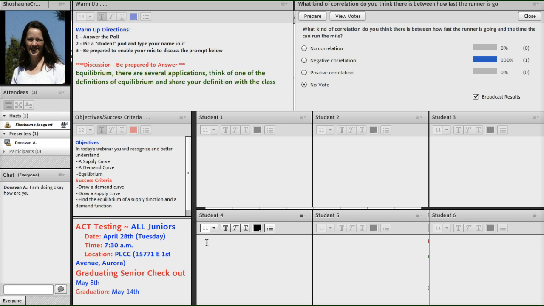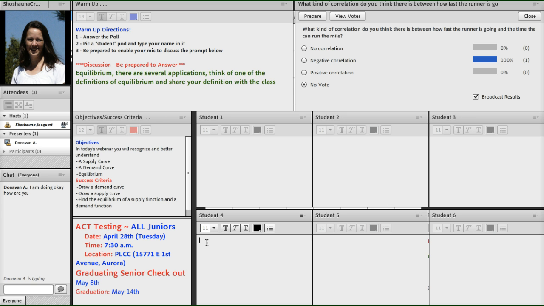Okay, so let's look at the poll, and it looks like you chose a negative correlation. Okay, I like that answer, and I want you to tell me why you decided that it was a negative correlation. Will you share that with me, what your thinking was?